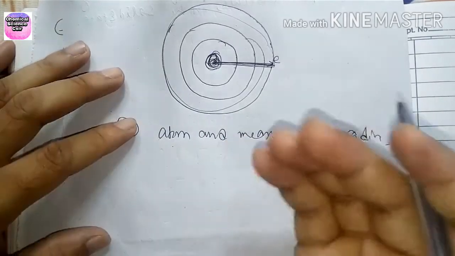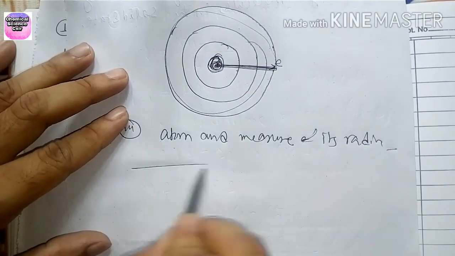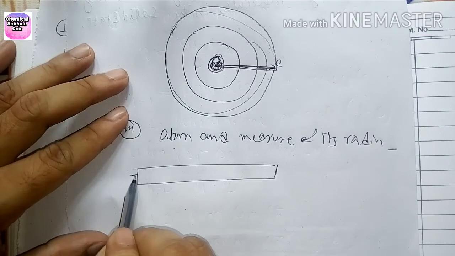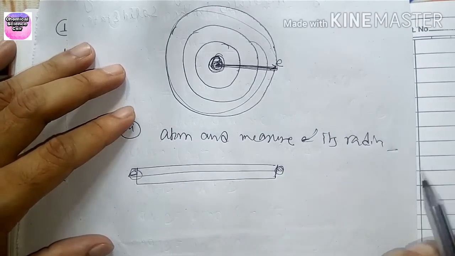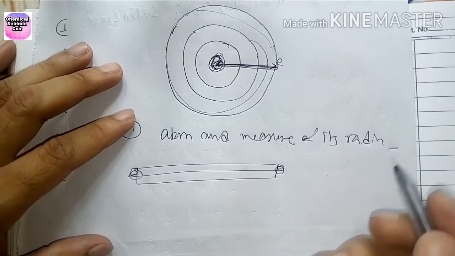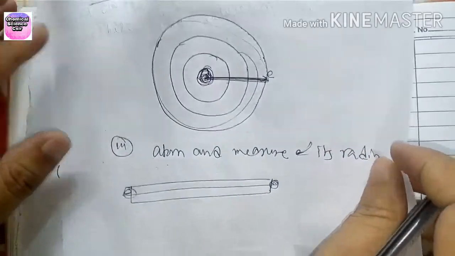If you move from left side to right side, the size also decreases.